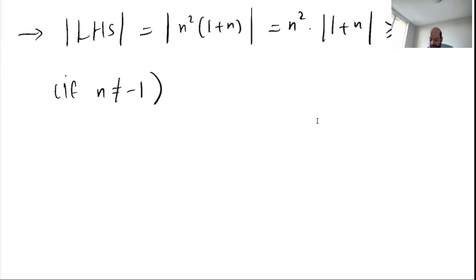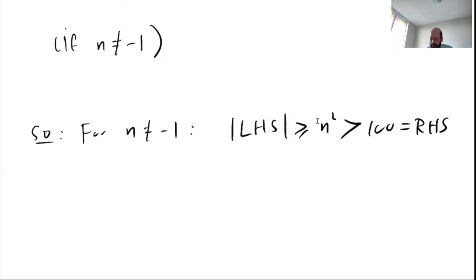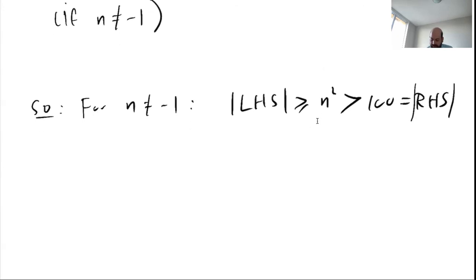Okay, so let me write it this way. For n not equal to minus 1, the absolute value of the left-hand side is bigger than or equal to n squared, which is bigger than 100, which is the right-hand side.